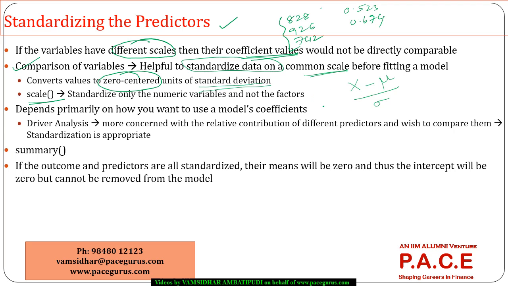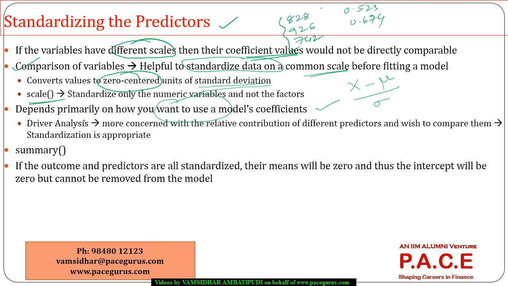So whether you want to standardize it or you don't want to standardize it, it purely depends on the kind of use you are having with respect to this particular model. If my objective is more and more of doing a prediction for some new set of data, I really don't need to bother about the standardization or the scaling part.